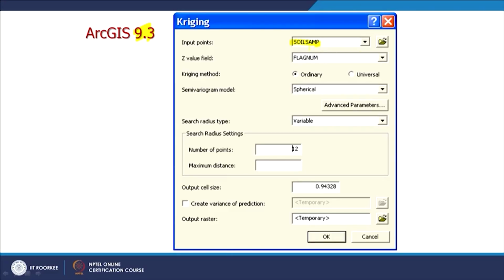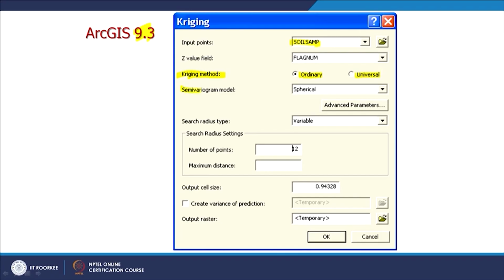Currently it is just displaying another value. Now there are 2 kriging variants, either ordinary kriging or universal kriging. As the name implies, universal will create a more smoothened surface, and if we go for ordinary, it will create a more local fitting surface.